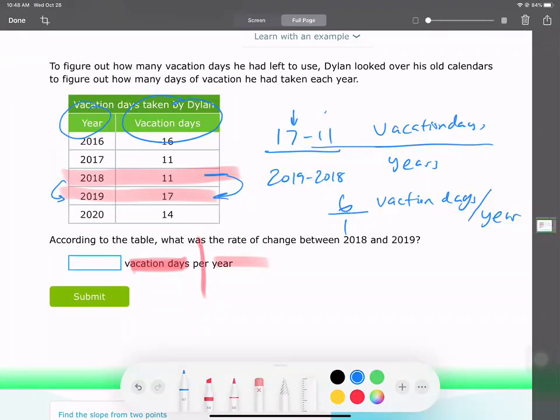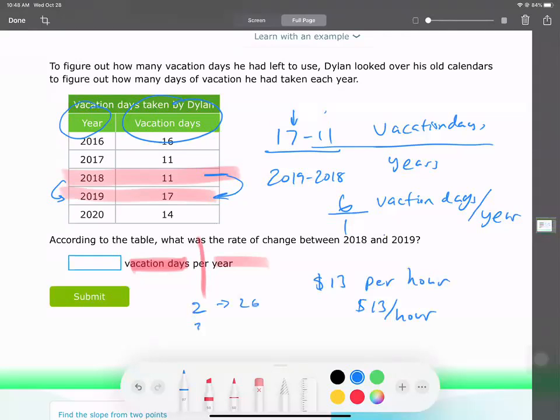Now, how does that work practically? Think of this a different way. Imagine if I told you how much you would make working at Old Navy. What if I told you, you make $13 per hour? This is a rate of change, $13 per hour. Another way of writing it. So if you work 2 hours, you would make $26.